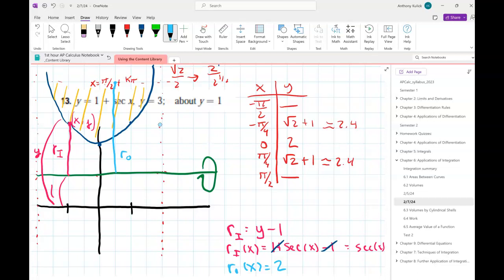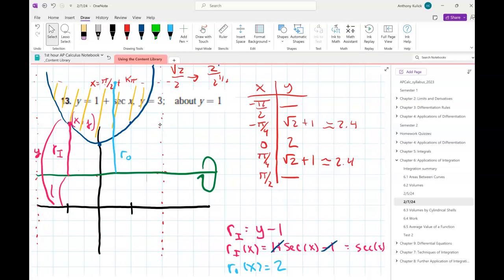Just 2. Because no matter where I draw that R outer, it's the same distance, right? R outer is going from our axis of rotation to the end of our shaded region. Whether I draw it here, or over here, it's the same length. It's a constant, which is awesome.